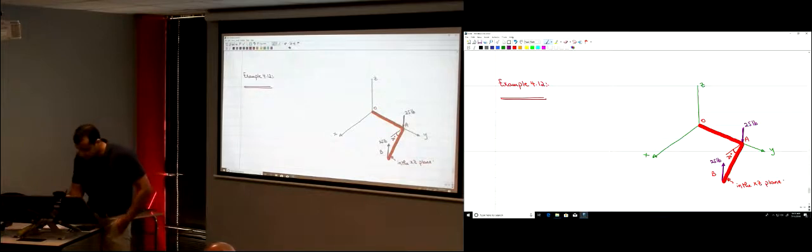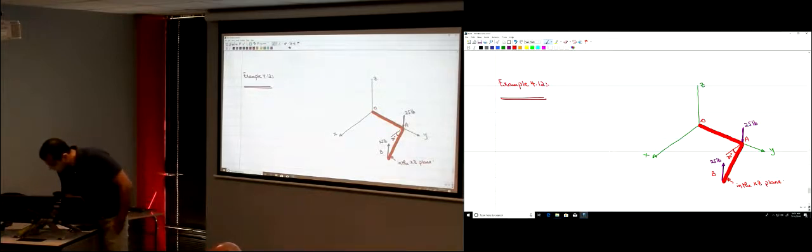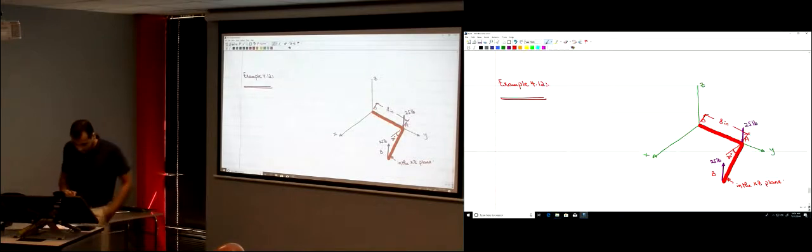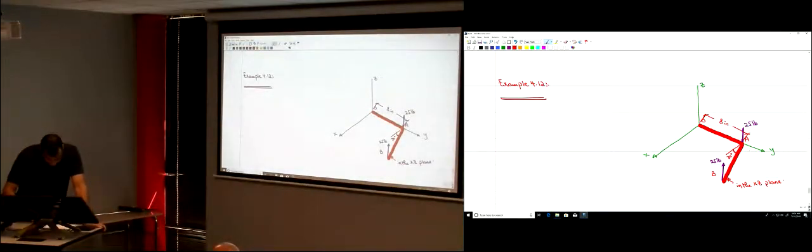So the distances here. Let's throw the distances. So this distance is 8 inches. Okay? And then this distance here along this line parallel to the x-axis, it's 6 inches.